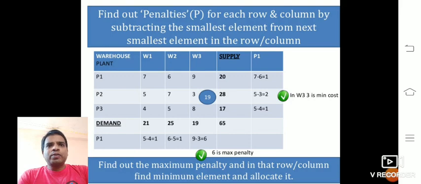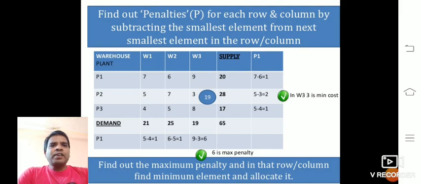Similarly, do it column-wise, W1, W2, W3. We get the column-wise penalties 1, 1, 6. Now the next step is to find the highest penalty in the rows or columns. Row-wise, please check: P1 is 1, P2 is 2, P3 is 1; column-wise, W1 is 1, W2 is 1, W3 is 6.